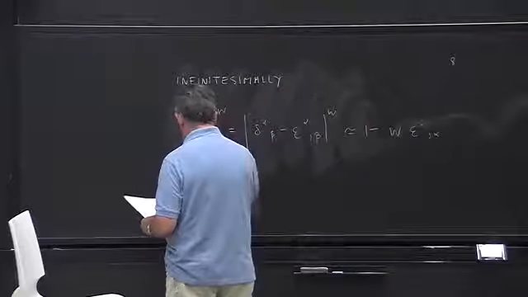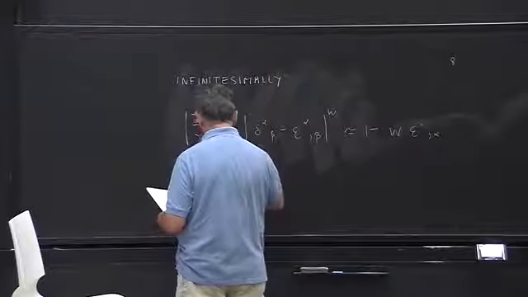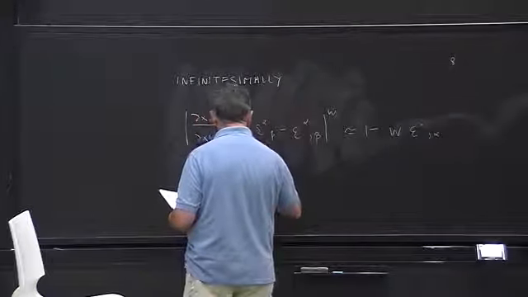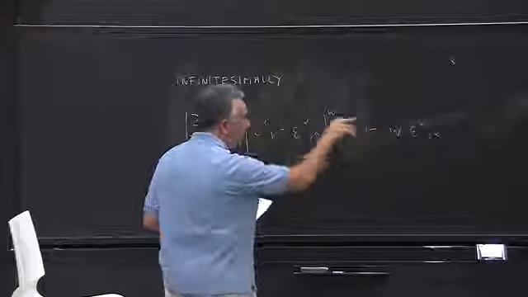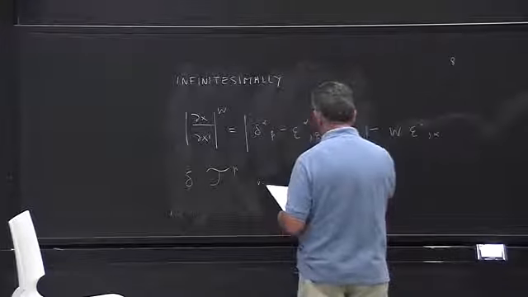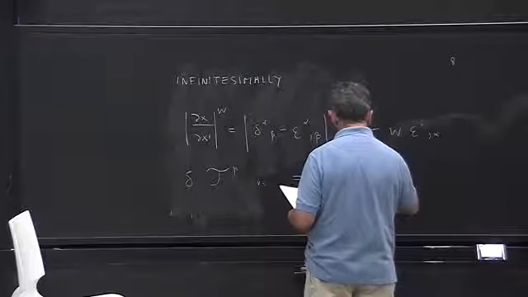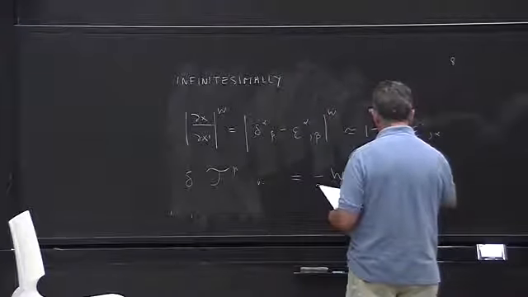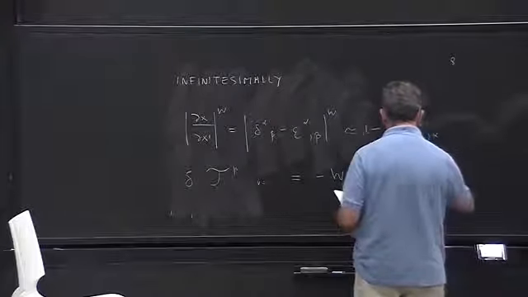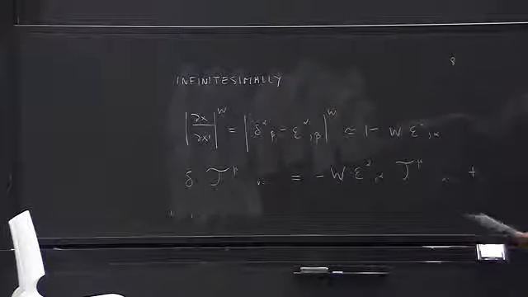So an infinitesimal change in the tensor density, that was the finite way it transforms. Infinitesimally, it transforms in the same way a tensor does, but with an extra term that an ordinary tensor wouldn't have.